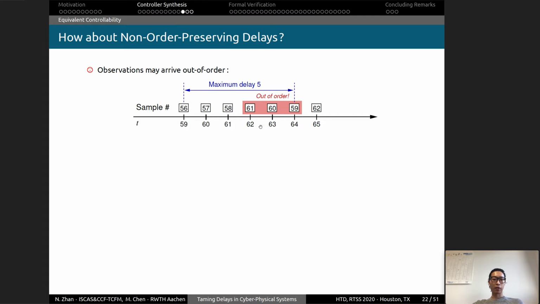So this gives rise to the question, how about non-order preserving delays? For example, in this figure, the observation 61 of the state information can actually come earlier than the observation 60 and 59.